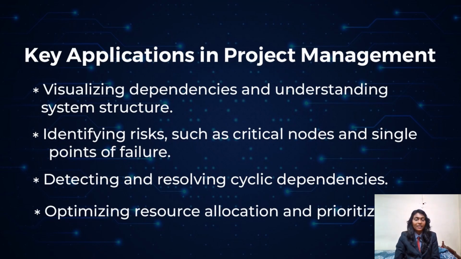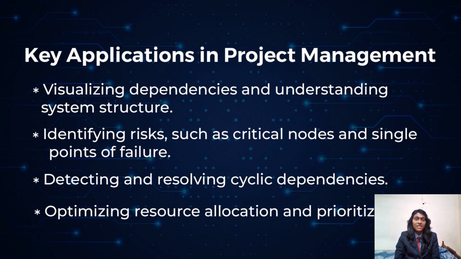There are several practical applications of dependency graphs in software project management. Firstly, they allow teams to visualize and understand the interdependencies within the system. This makes it easier to identify crucial nodes or single points of failure that could disrupt the project.